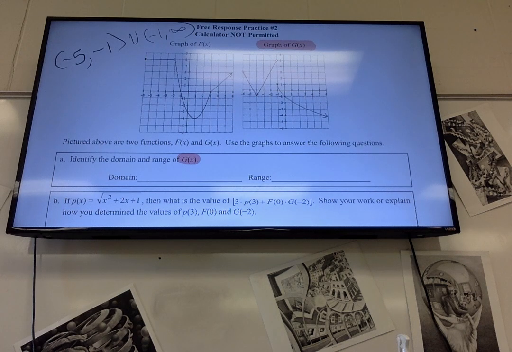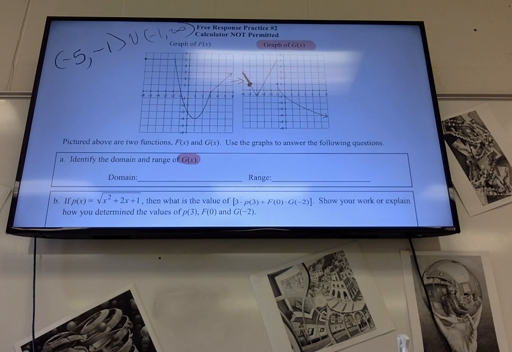Anybody else have something else? I'm not saying that's necessarily right or wrong. Okay. So -5 to -1. -5 starts here. What about all that? I need to include this part.